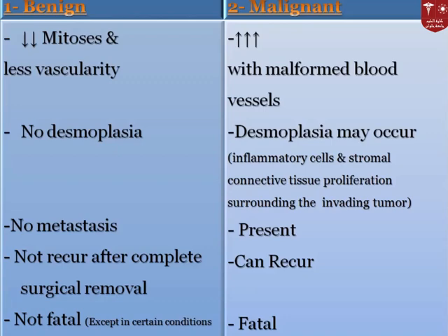Benign tumors, if removed surgically well, don't recur. While malignant tumors, because they grow by invasion, may have hidden cells inside the tissue, so even after surgical removal, they may recur. Benign tumors are mostly non-fatal. They are not deadly, except in certain conditions that we will mention later in this lecture. While malignant tumors, because they destroy tissues and spread, may be fatal.